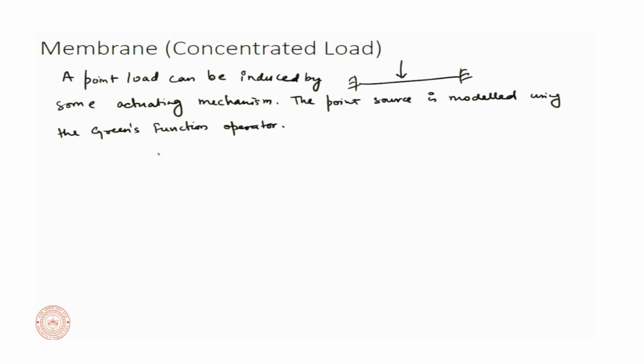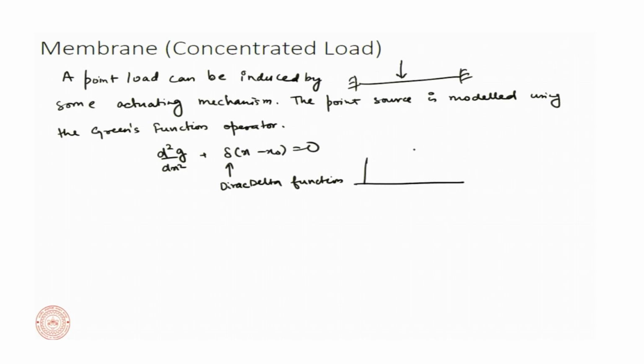The equation for the Green's function operator is d square g by dx square plus delta of x minus x naught equals 0, where delta is the Dirac delta function. If this is our coordinate system, this is 0 and this is 1, then at the given x naught this value is equal to 1.